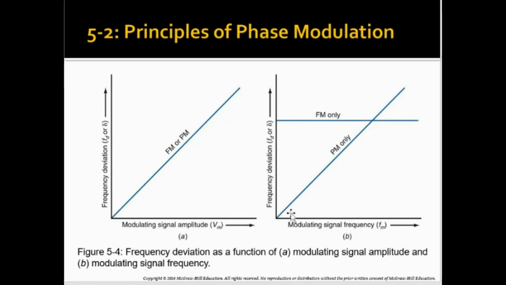However, for PM, you can see the deviation also changes based on the frequency of the modulating signal. So both amplitude and frequency of the modulating signal affect the frequency deviation of phase modulation. But for FM, it only depends on the amplitude of the modulating signal.